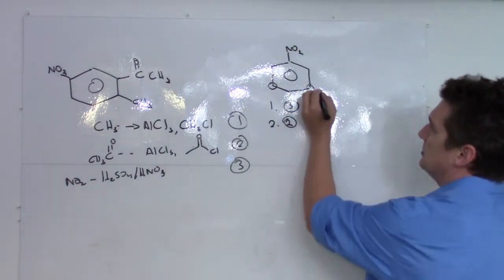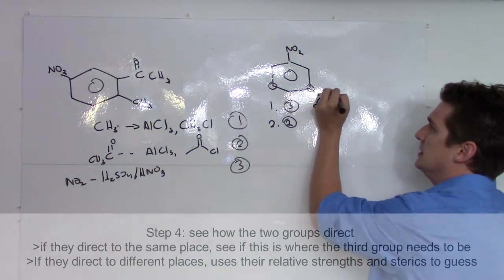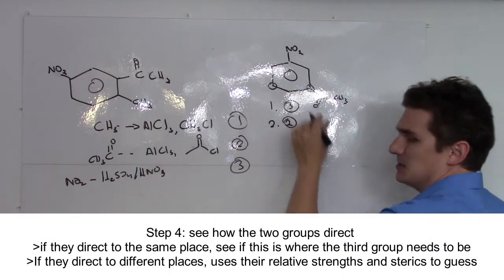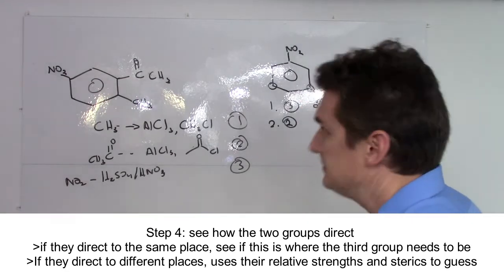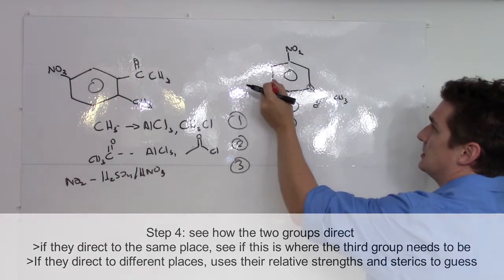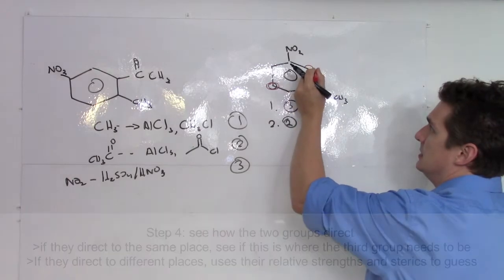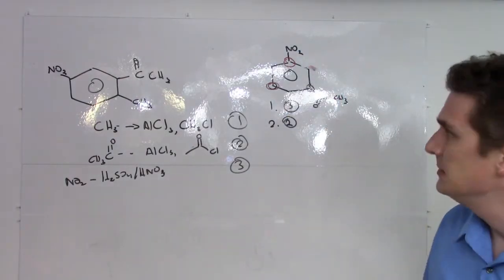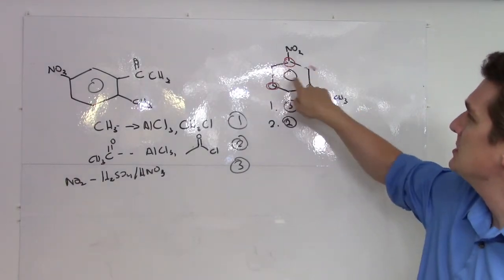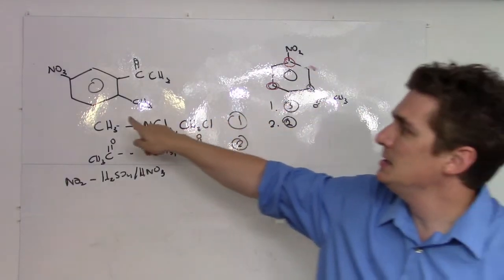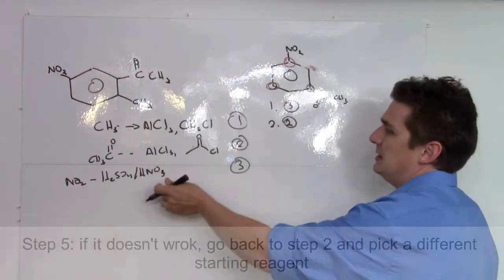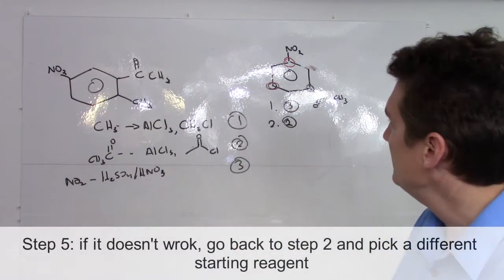So if our keto group ends up here, it's going to want to direct to this position, which I'll highlight in red. And it will direct to this position because it is a meta director. So this is going to direct meta, this is going to direct meta. What we can see is that none of these positions represent the methyl group. So here, we eliminate the nitro group as the first step.